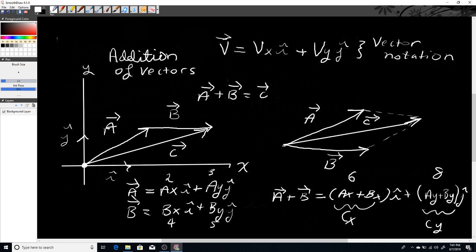So if you want to find the direction of solely A, you would have angle A, I'll represent it as a subscript, equal to the arctangent of Ay over Ax.